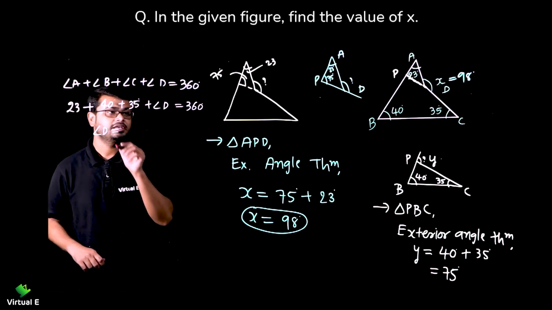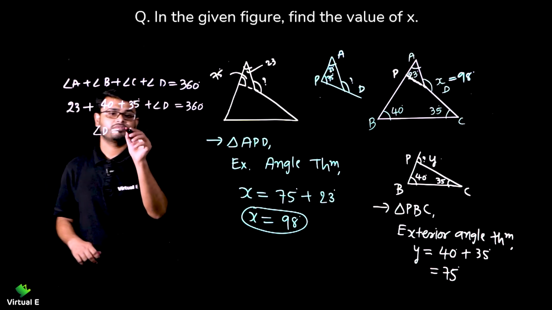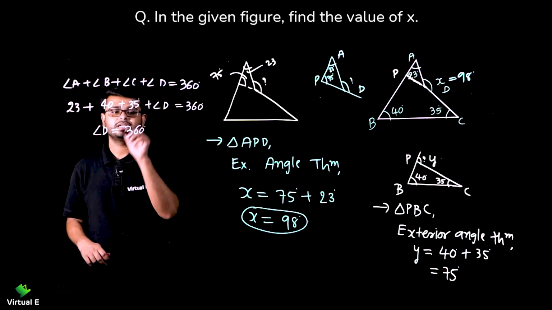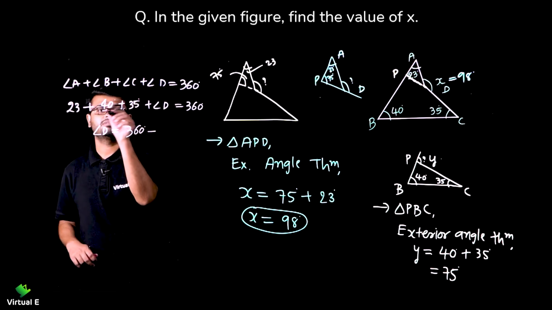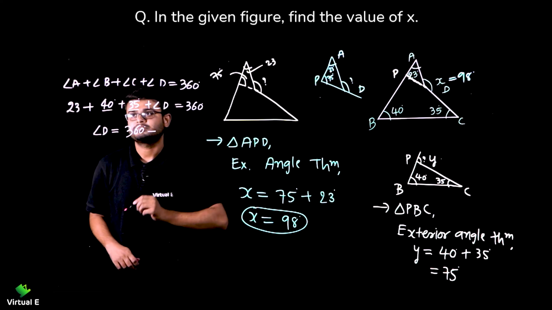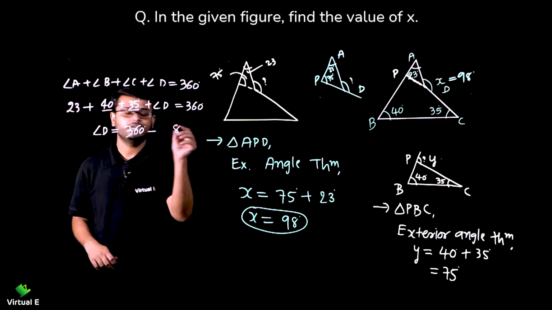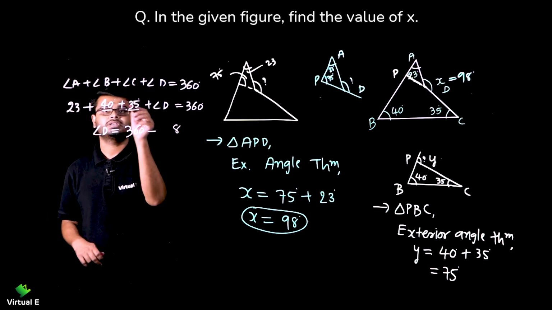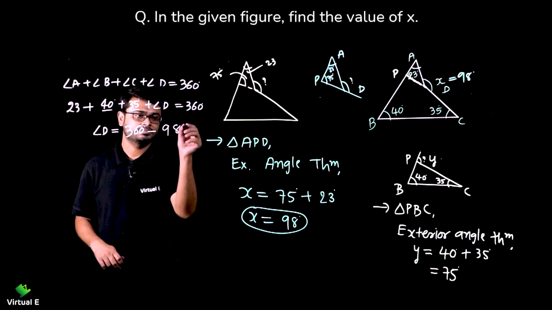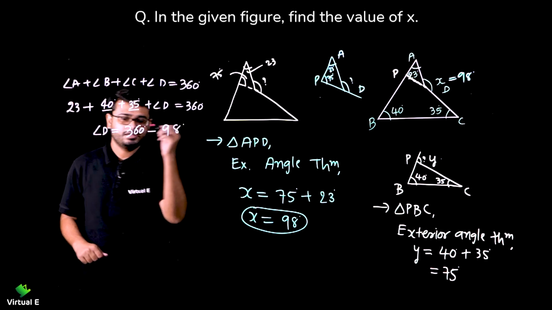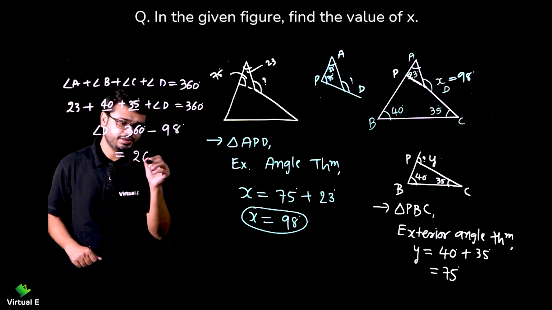So angle D is equal to what we are going to get, 360 degree minus here 40 and 35, that will be 75. 75, 5 and 3, 8, and here 2 is there, so 7 and 2, 9, right? So 98 here, and if you subtract, you are going to get 262.